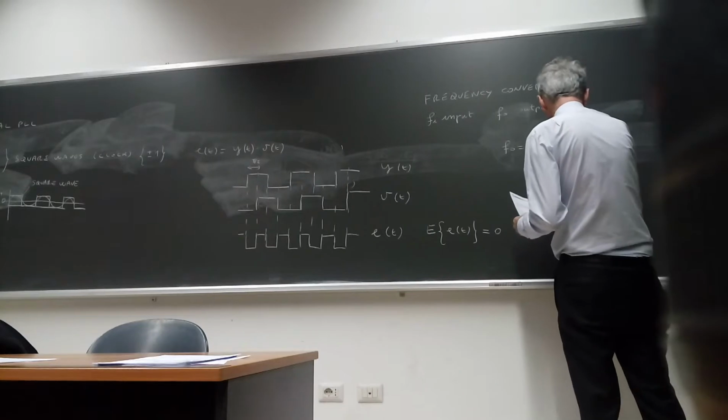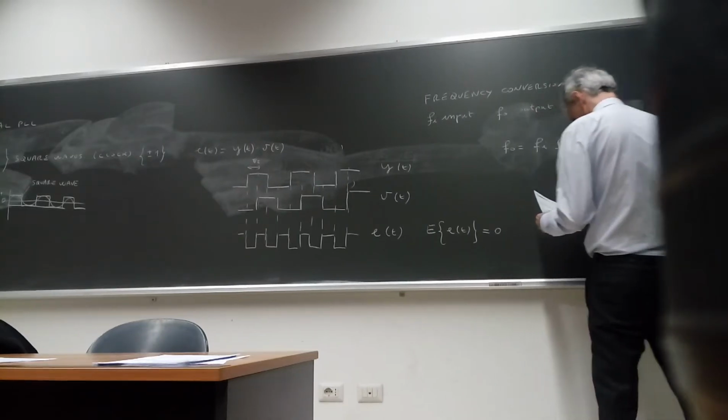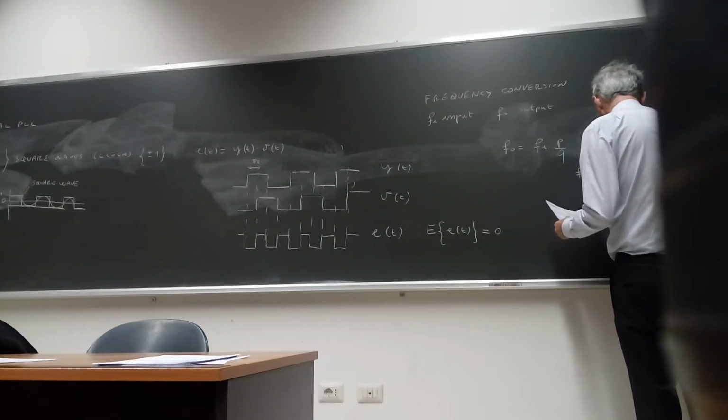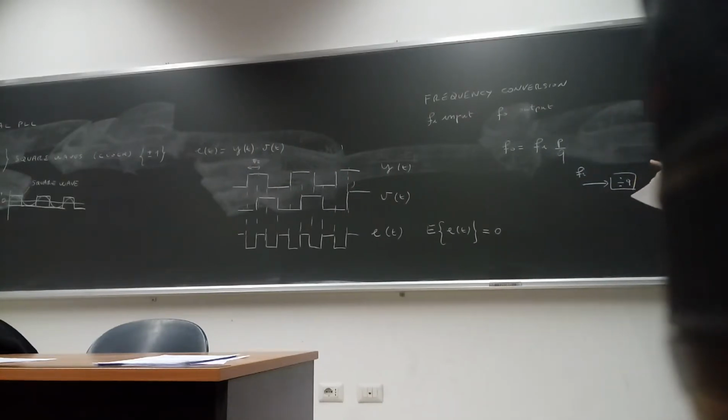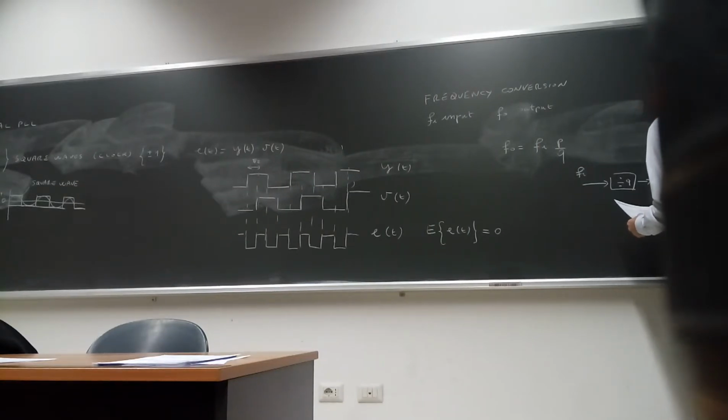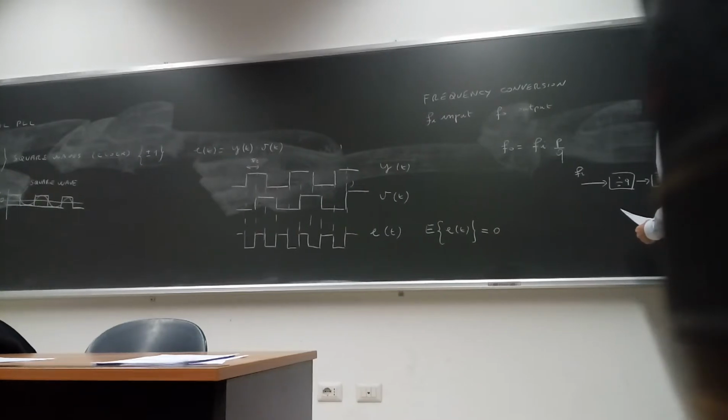Basically, if this is the clock at frequency Fi, we divide it by Q, frequency division. Then put it into the phase detector and the low-pass filter, the VCO. Here you have the sinusoid, rectify it and get the square wave, and then divide by P.